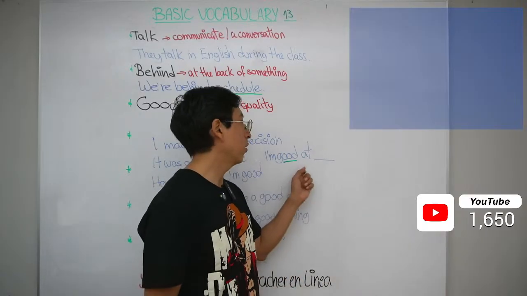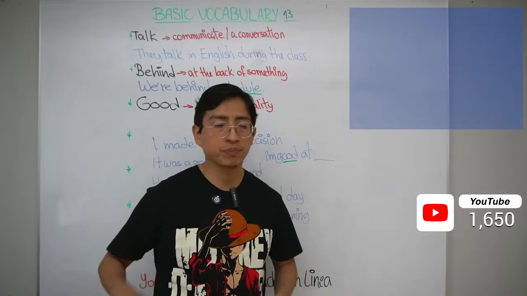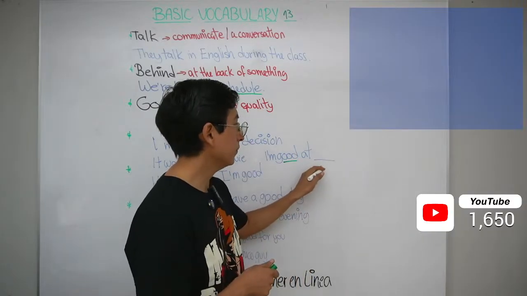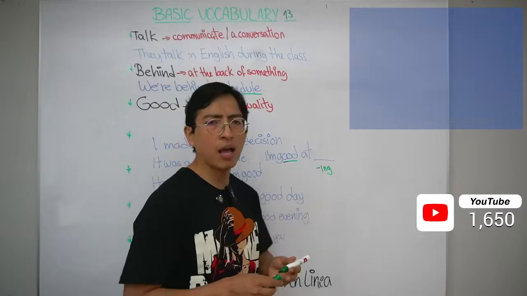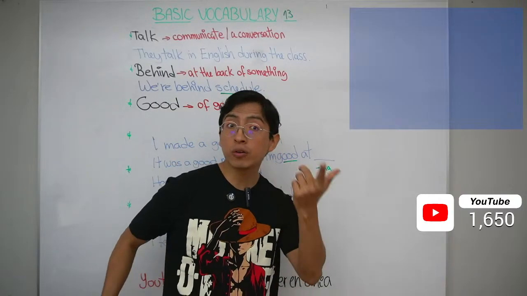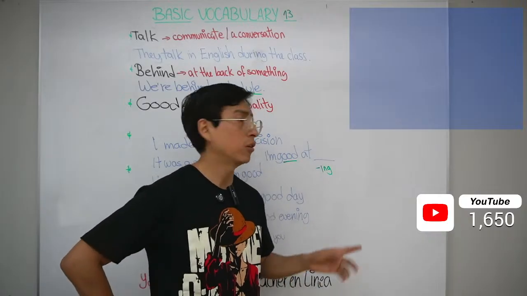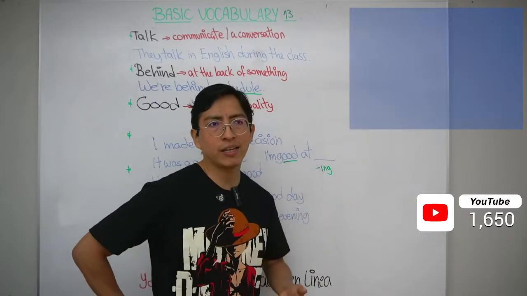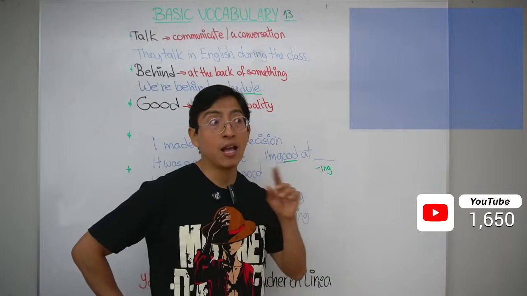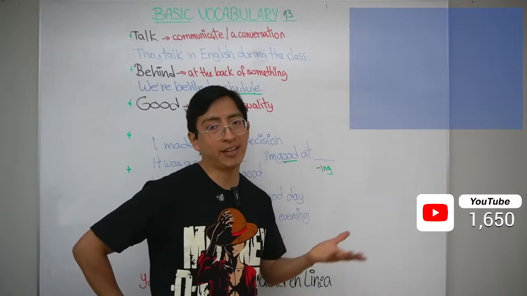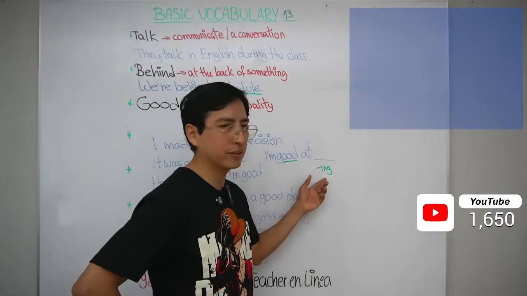So, or you can use ing here. Maybe you can say, for example, I'm good at listening to other people. Yes, there are some people that are very good at that. Or maybe I'm good at speaking in public. I'm good at cooking. Yeah. So you have different possibilities here.